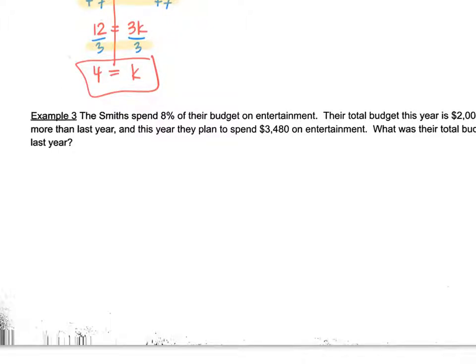Well, if the question is, what was the total budget last year? Well, let's make that our variable. So x is going to represent the number that was their budget. So x is total budget last year.